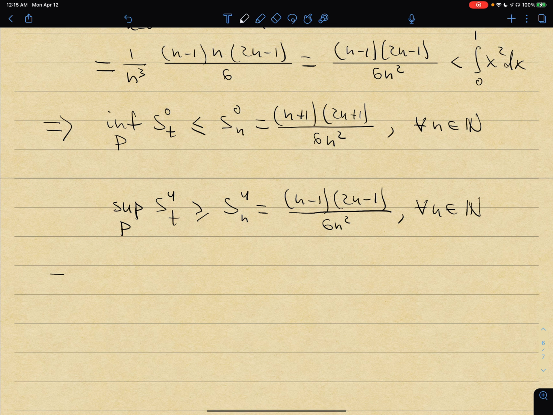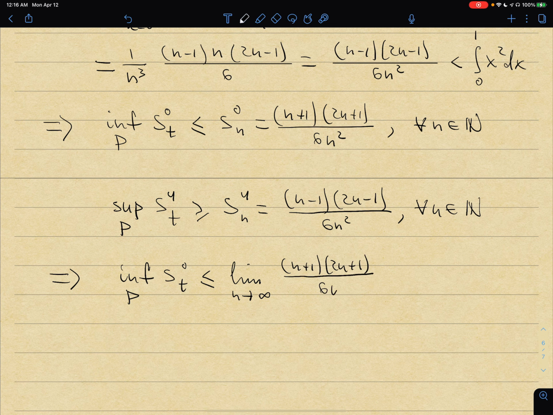So therefore, the infimum over all P's of S_0(P) is independent of n. That's an infimum over all possible partitions. So this should be less or equal than the limit as n goes to infinity of (n+1)(2n+1) over 6n squared.